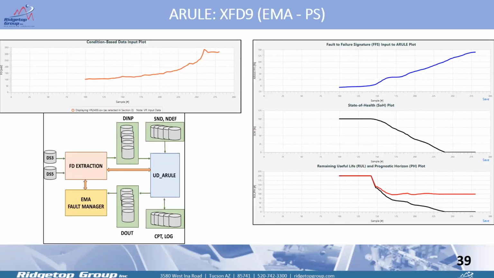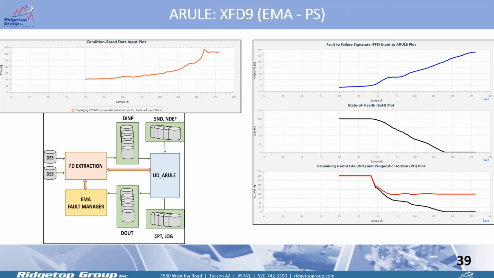Next, the little diagram shows our ARULE. You can see basically how we extracted the data and processed the data, and the data that we looked at was the power supply. You'll see it on the top left-hand side. It produced the results shown on the right-hand side.